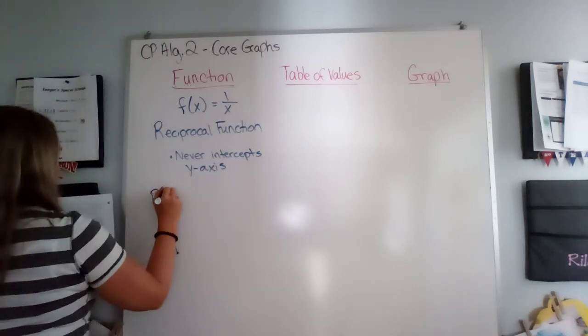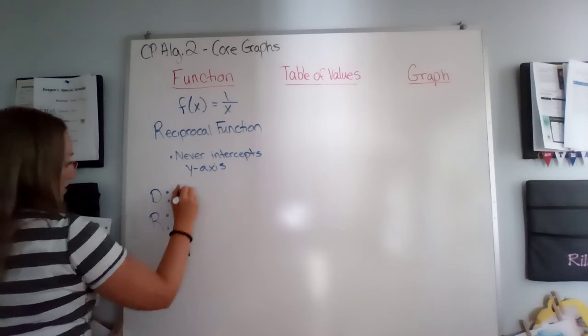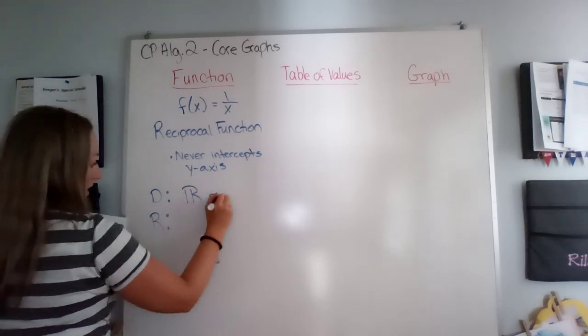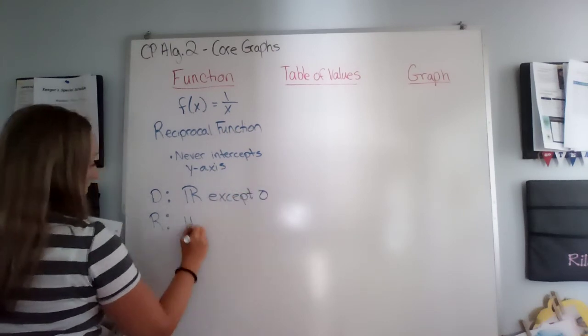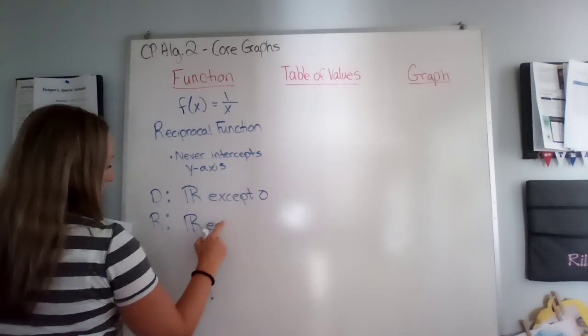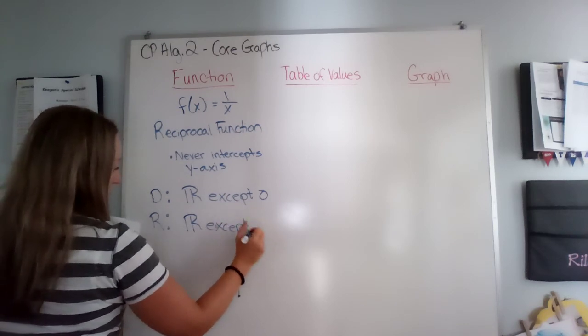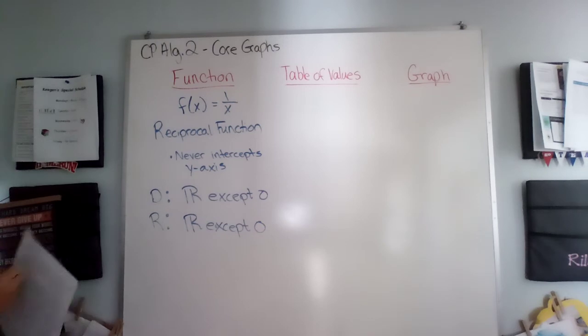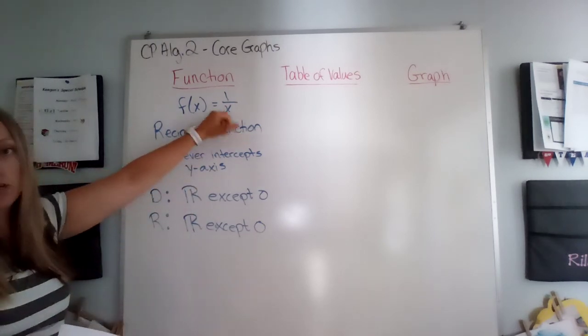Your domain and your range are the same. I'll write it twice. It's all reals except 0. Which makes sense. Okay, you can't have 0 in the bottom of a fraction, so x can never be 0.